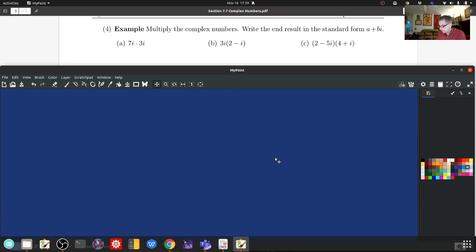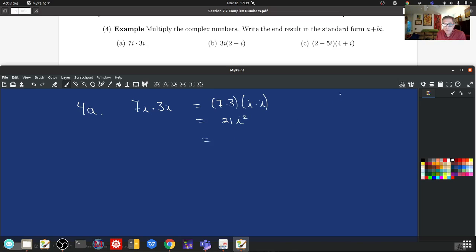So here are two multiples of the imaginary unit i. This is 4a. So I have 7i times 3i. Well, that's 7 times 3 times i times i. 7 times 3 is 21, and i times i is i squared.